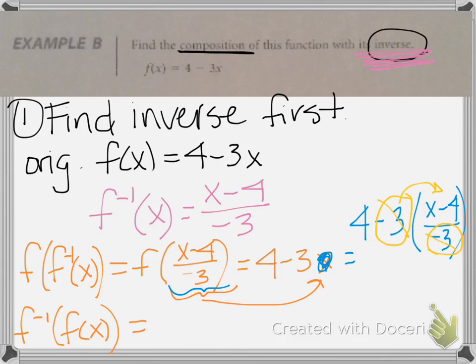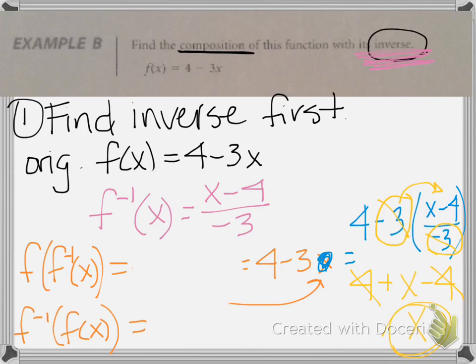Well, these guys cancel, leaving me with 4 plus x minus 4. And 4 minus 4, those are gone, leaving me with just x. So, what did I just find out? Well, I just found out that if I do this composition here, I get just a plain old x.